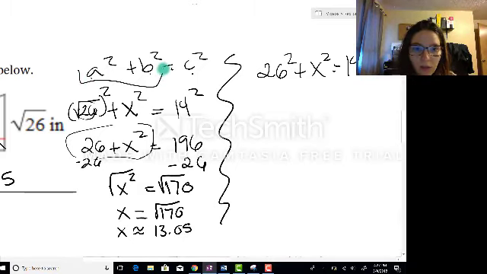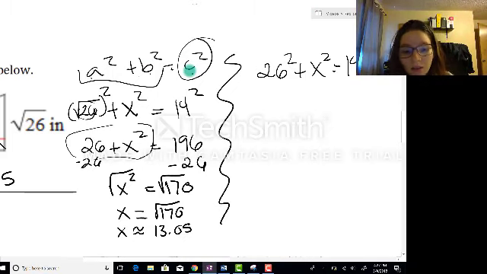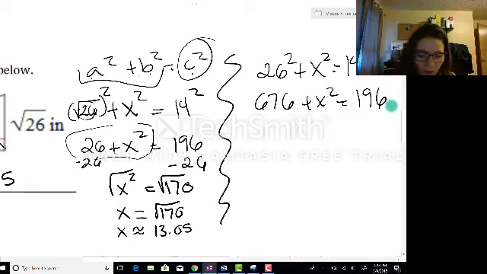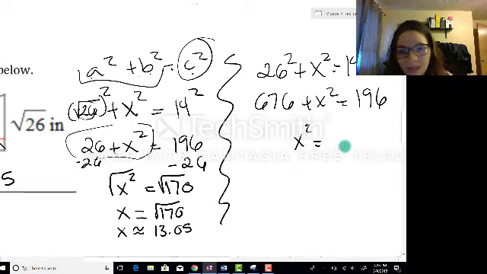So the sum of these two has to be equal to this. So that means that a and b have to be less than c. 26 times 26, or 26 squared, gives you 676 plus x squared equals 196. And if you take 196 and subtract 676, you get x equals negative 480.